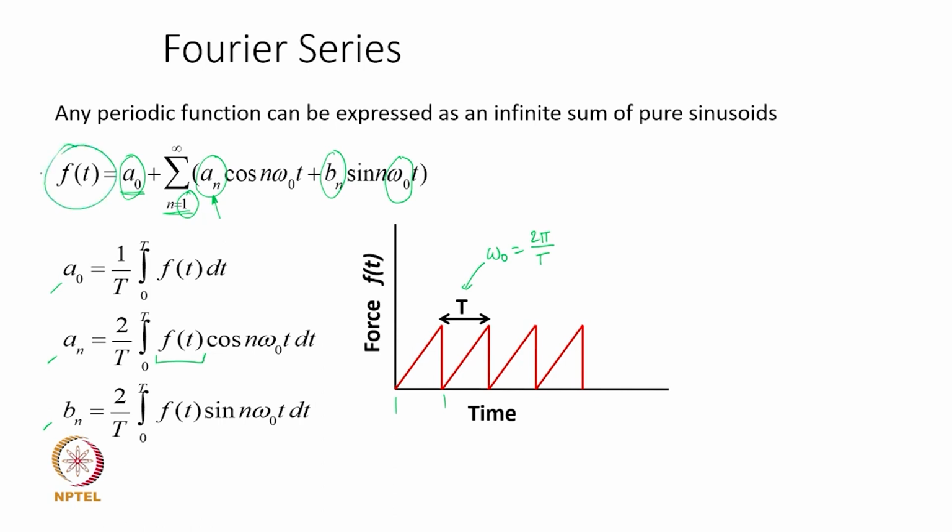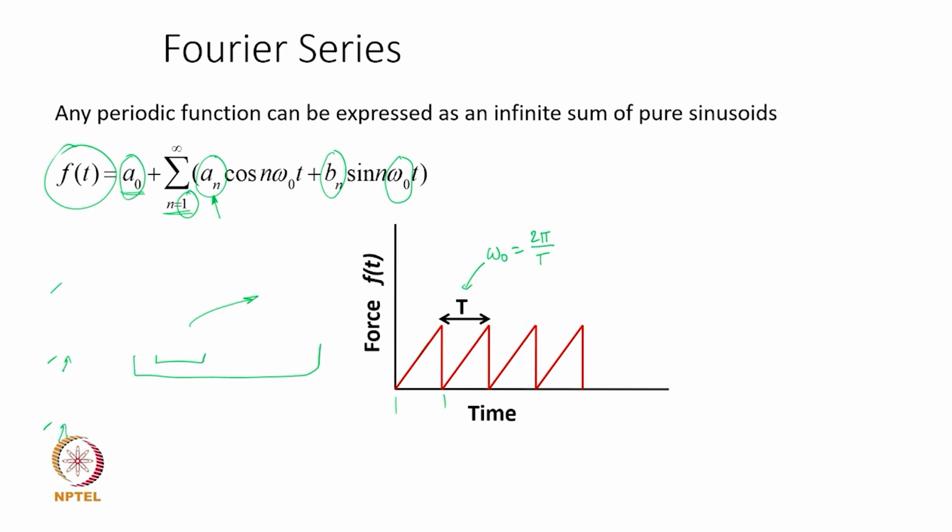That will decide what the a n's, b n's and a naught are. Omega naught is defined for a given periodic function. So, ultimately, if I want to replace the original time function by its component sinusoids, then I need to capture this f of t in a mathematical form and evaluate this integral, so that I know their individual amplitudes.